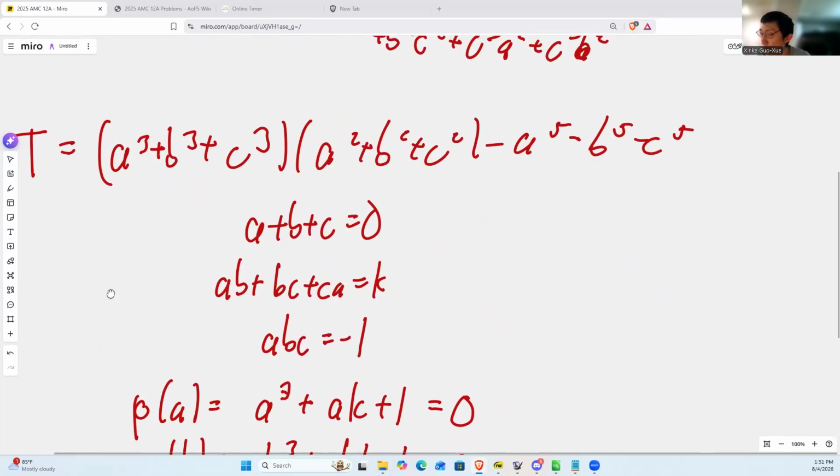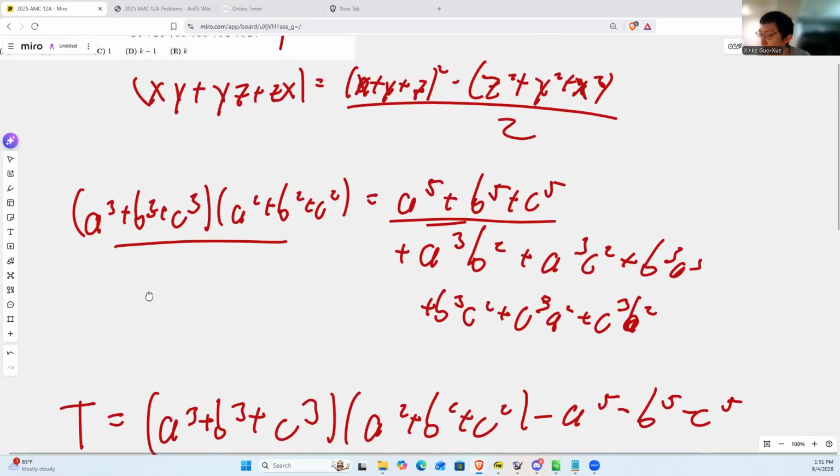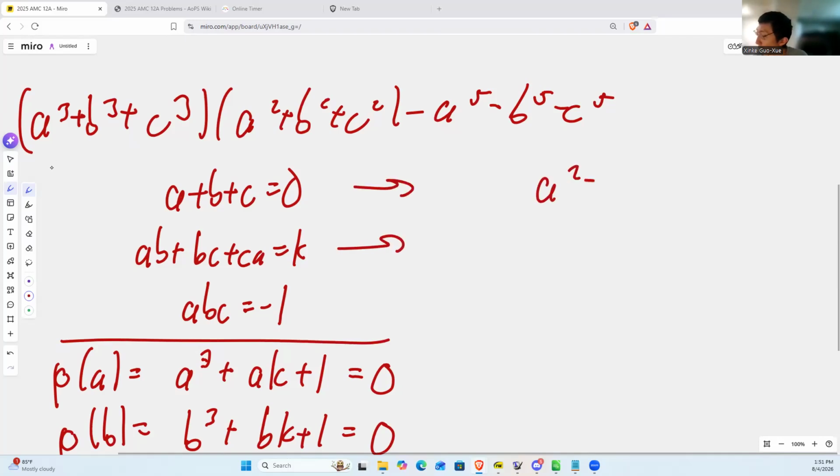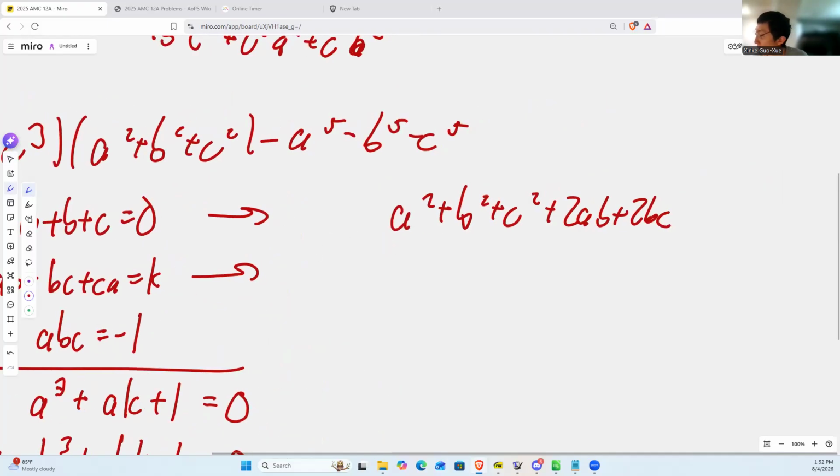How can we get an a squared plus b squared plus c squared? Well, let's square the first equation. A squared plus B squared plus C squared plus 2AB plus 2BC plus 2CA is 0.